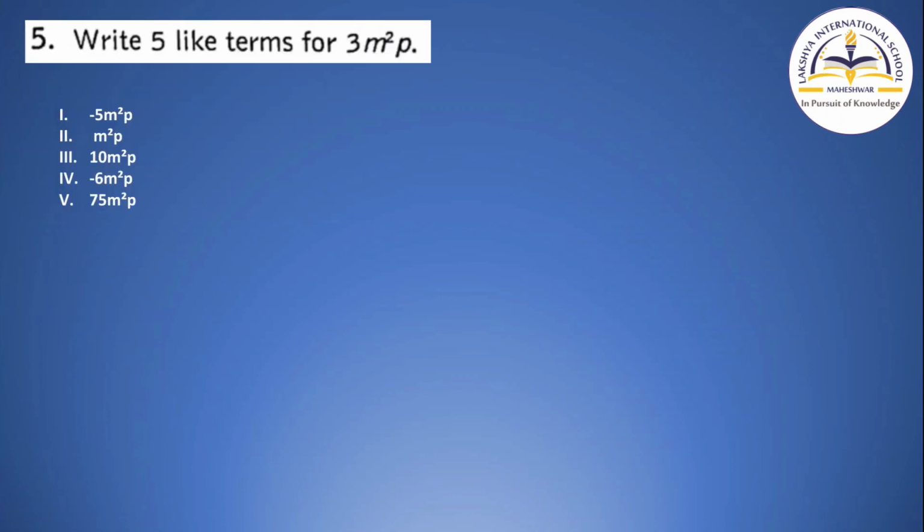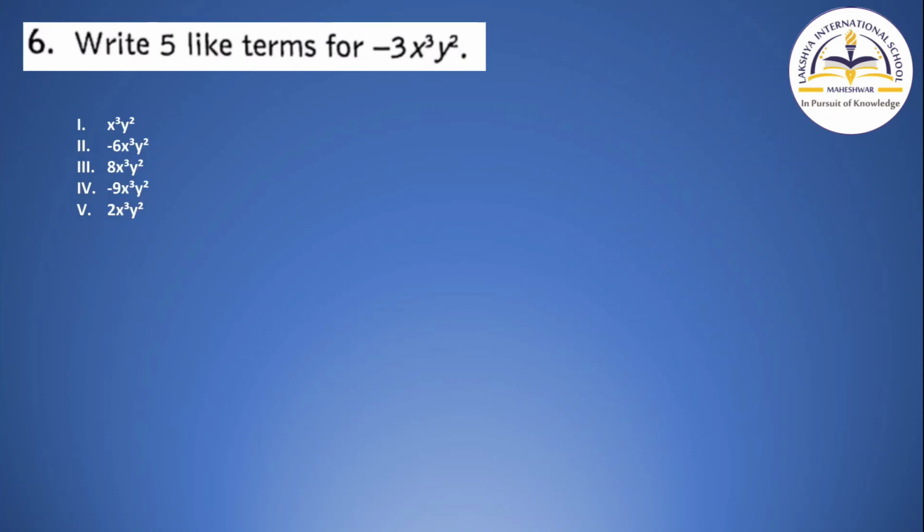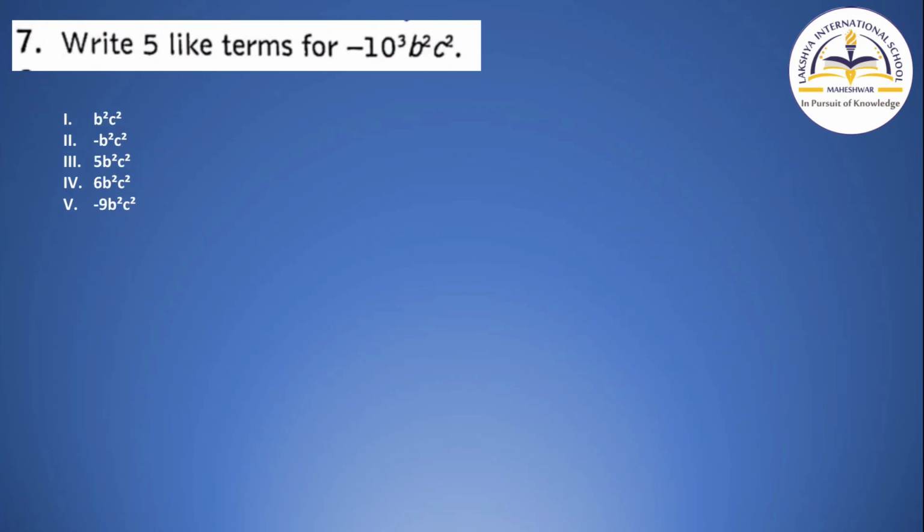Now write 5 like terms for 3m square p. What you have to write, you just have to change the numbers. Suppose minus 5m square p, 10m square p, 15m square p. You can write any number, 75m square p. Now write 5 like terms for minus 3x cube y square.